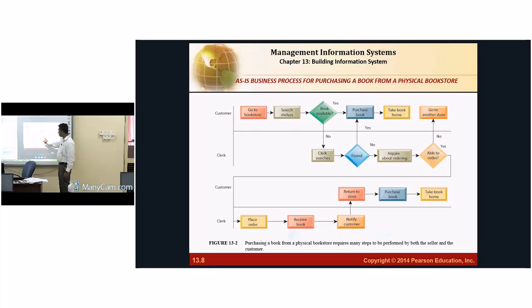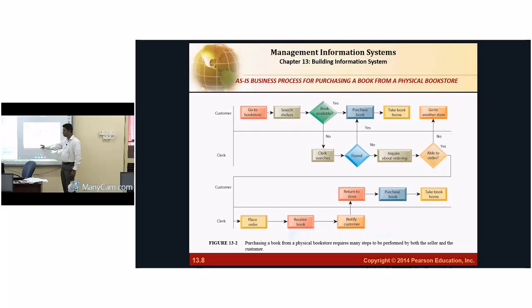If he can find it, you can purchase the book and take it home. Or else you can ask the clerk to order the book, right? So the clerk inquires about the ordering. If he is able to order the book, he will order it, then place the order.